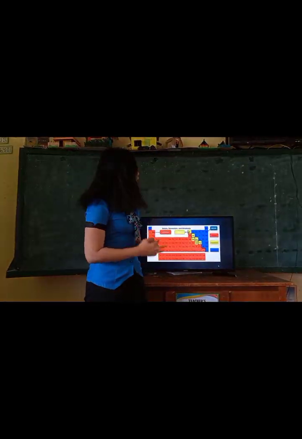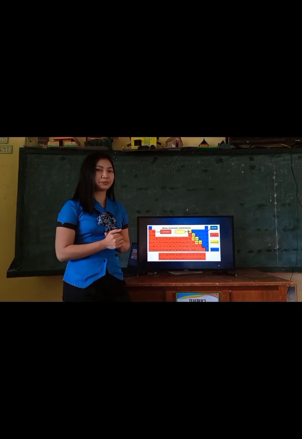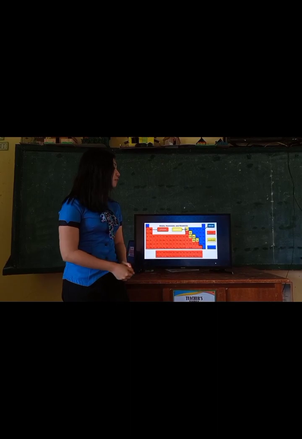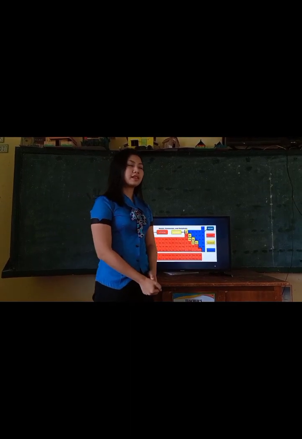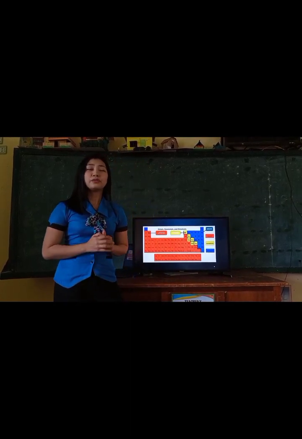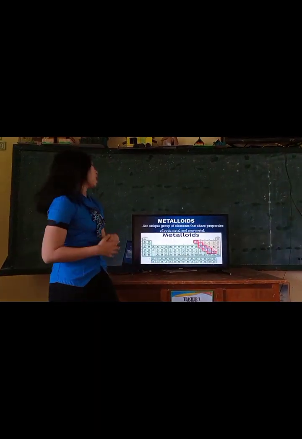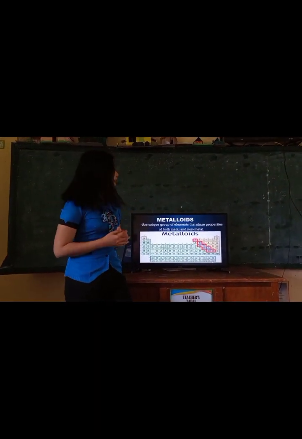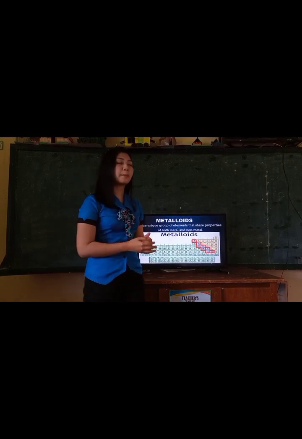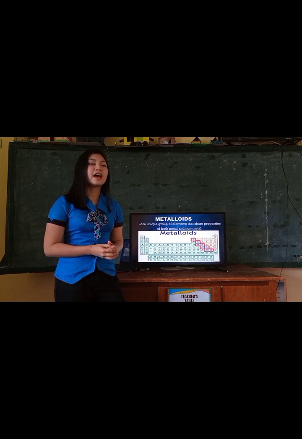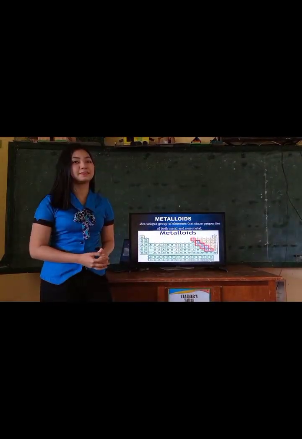Boron is in color yellow. So, boron is an example of a metalloid. If we recall, class, metalloids are a unique group of elements that share properties of both metal and non-metal. Are we clear, class?